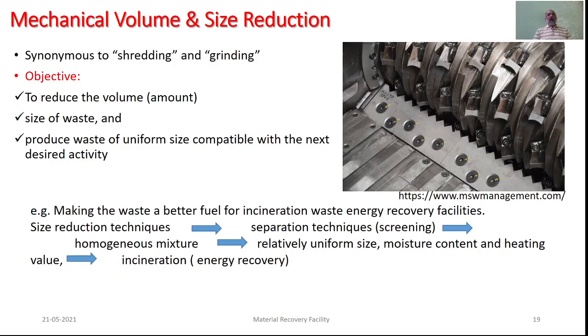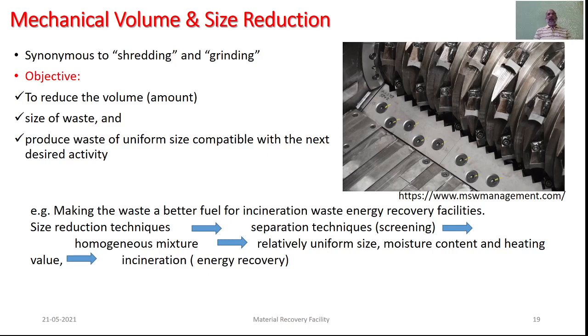One can go for even mechanical volume as well as size reduction in order to facilitate the further operations. The way we discussed the magnetic separators and the air classifiers, we wish to have the shredded waste.